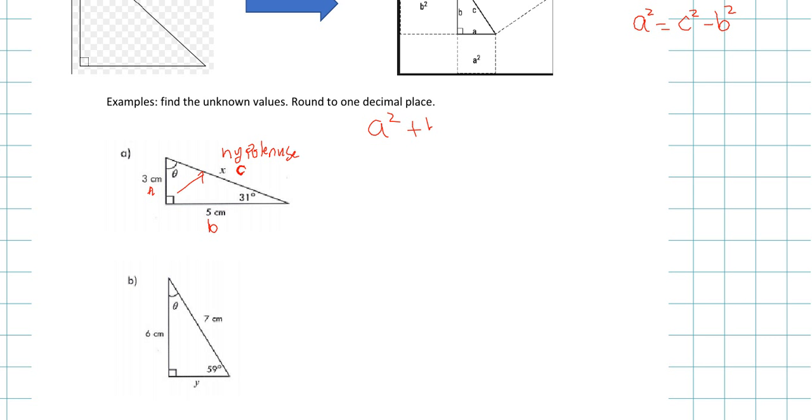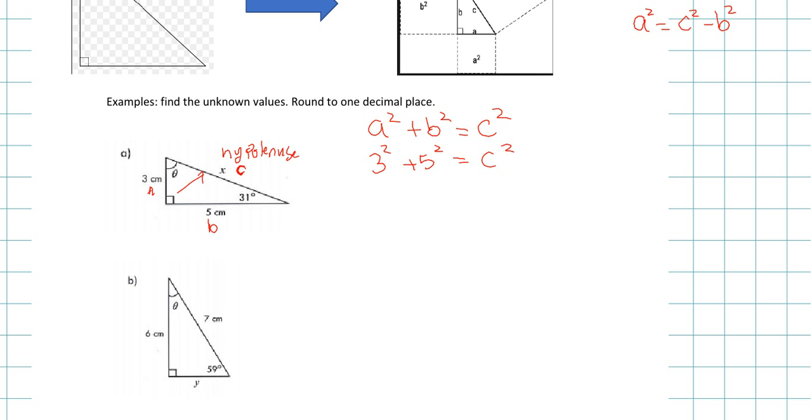What do I plug in? 3 squared plus 5 squared equals C squared. Okay? BEDMAS says, what do I have to do first? Exponents, right? So 3 squared is 9 plus 25 equals C squared.